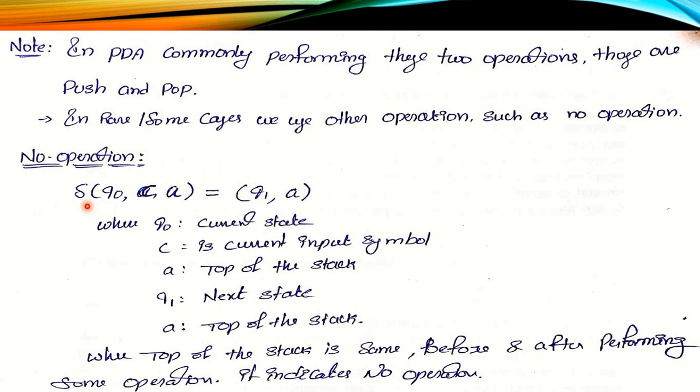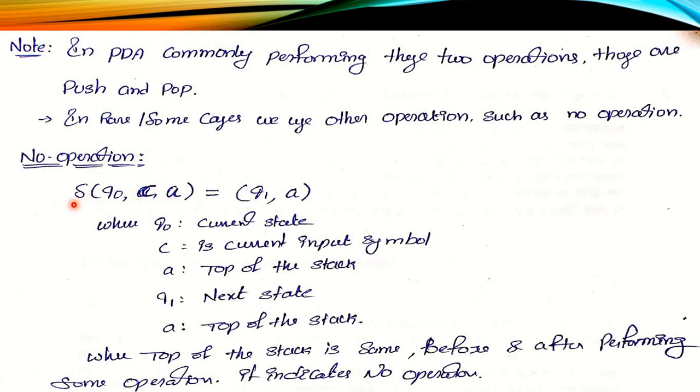That representation is δ(Q0, C, A). Here δ is the transition function, Q0 is the current state or present state, C is the current input symbol on the input tape, and A is the top of the stack.